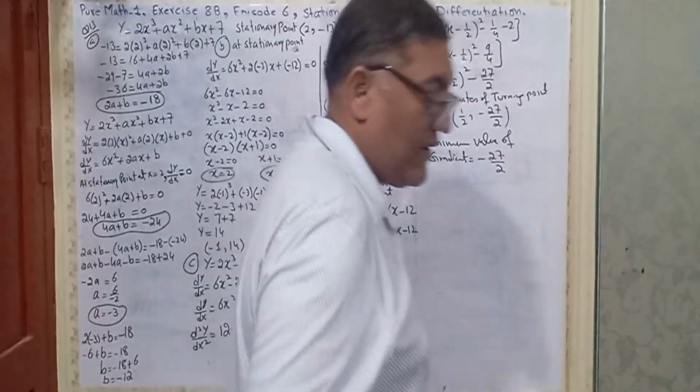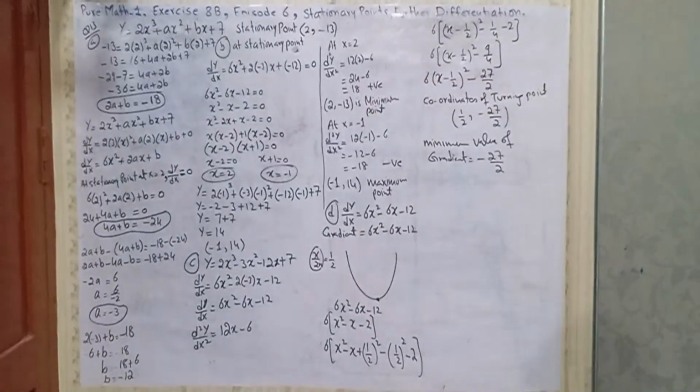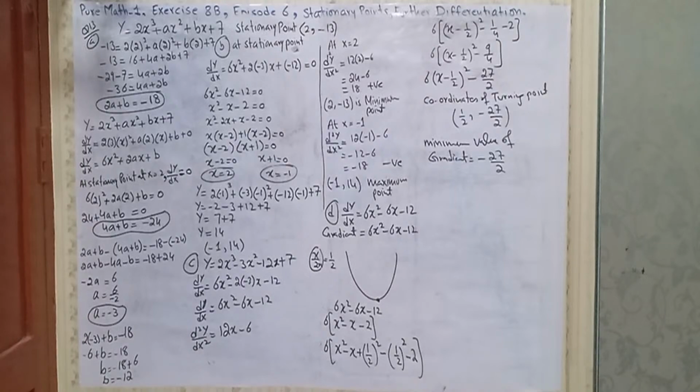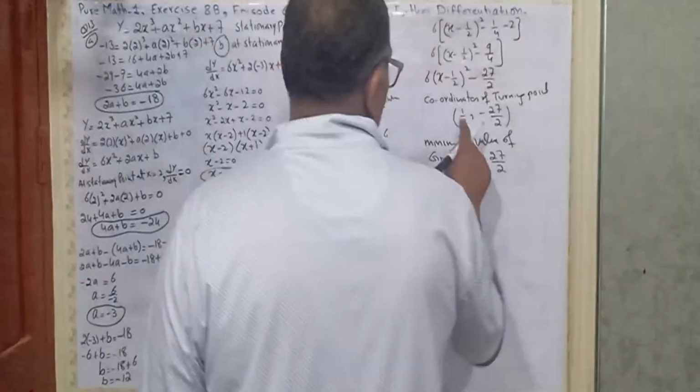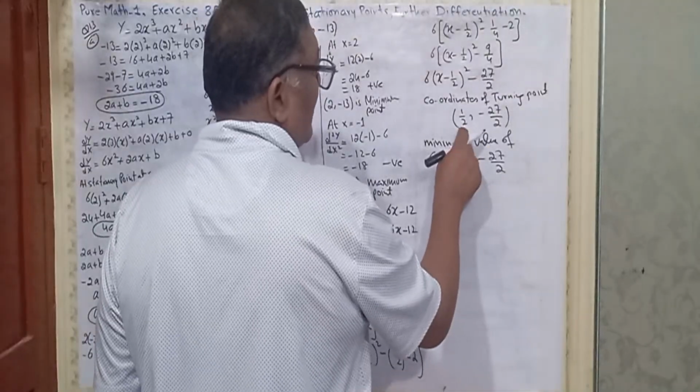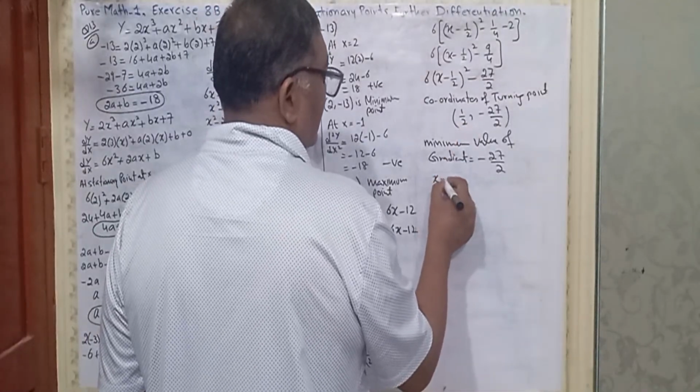Let me check. And this happens at the x equals to, yeah, 13.5. Minus 13.5, yes, that's true. And this happens at 1 by 2, the value of the x. The value of the x when this minimum gradient happens, the x is equals to 1 by 2.